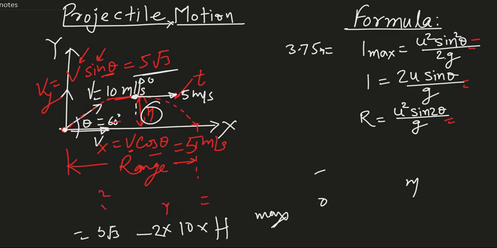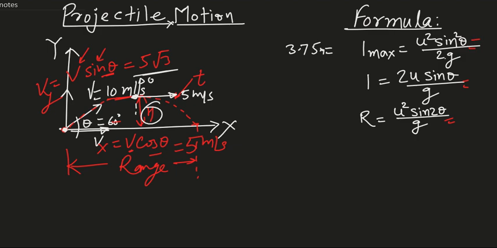Now we will use another equation, and we will try to get the range. No, first calculate time. So time is this time. What is time? Time is whatever time the particle takes when it is thrown at this point and it reaches this point.